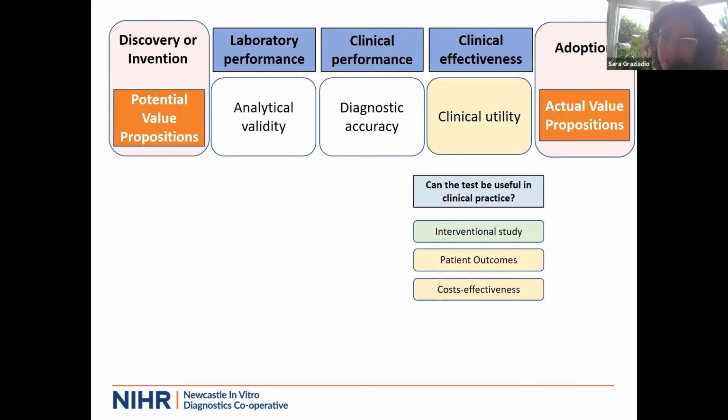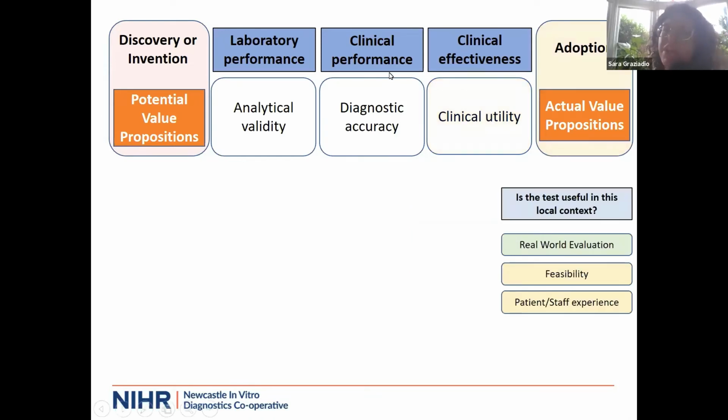Now we have really decreased the uncertainty linked to the test, and we are ready for adoption. Usually you've got older studies at this point that are usually smaller, but the main question is understanding if it's useful in that local context. So when you are introducing a test in real practice and you don't have a very strong protocol, like in an RCT, a randomized controlled trial, tests are not always used in the way in which they should be used.